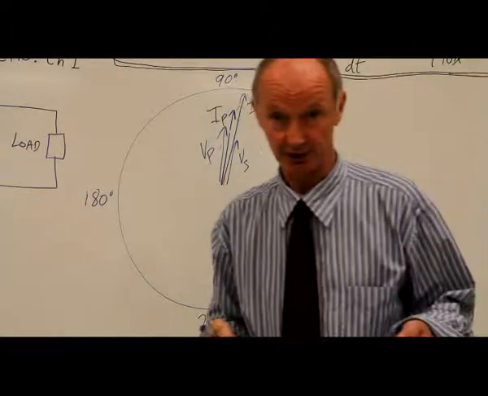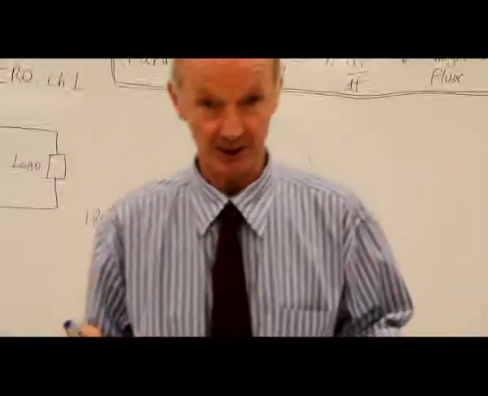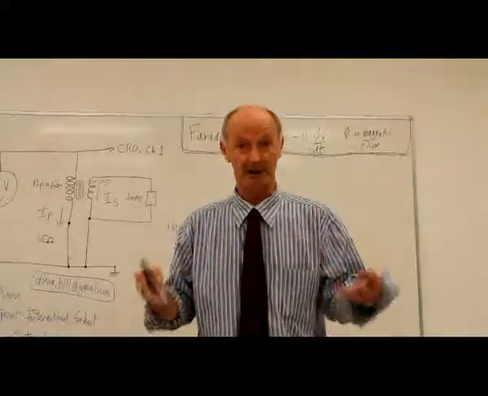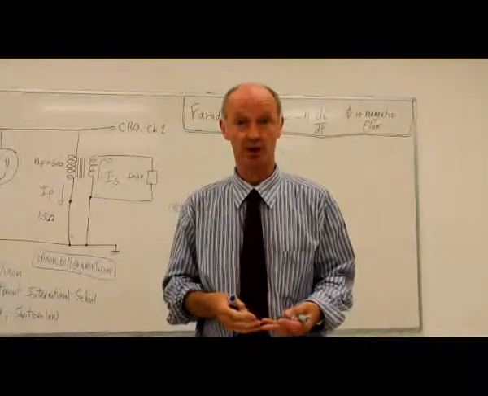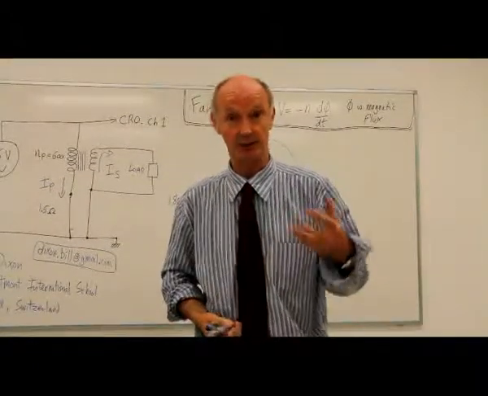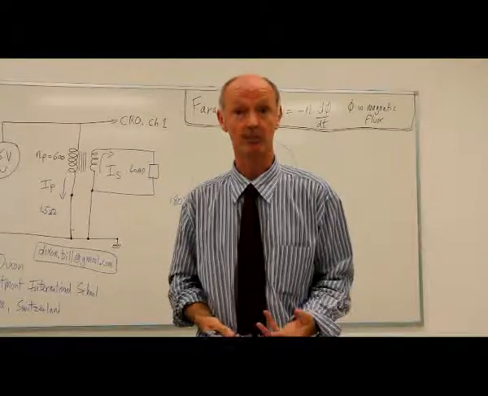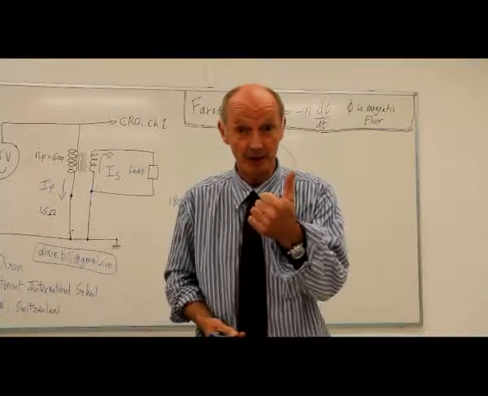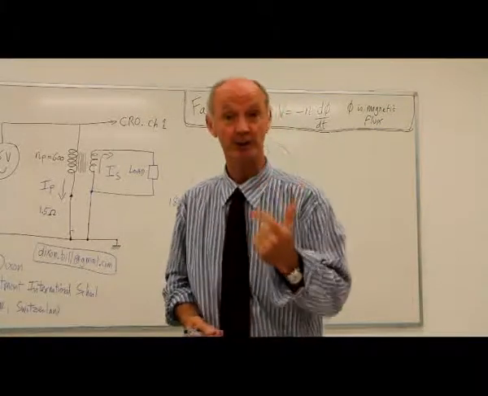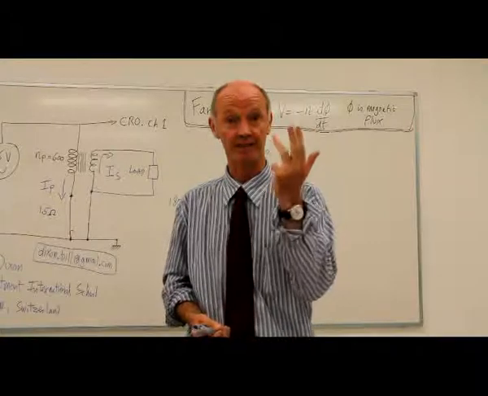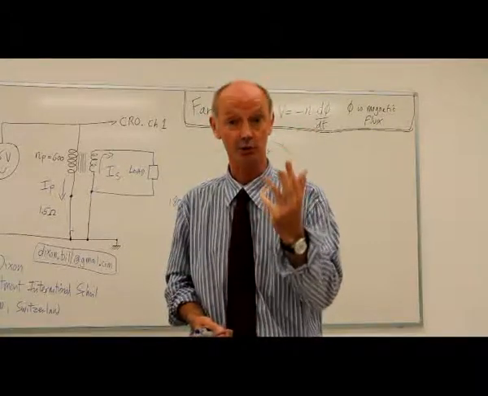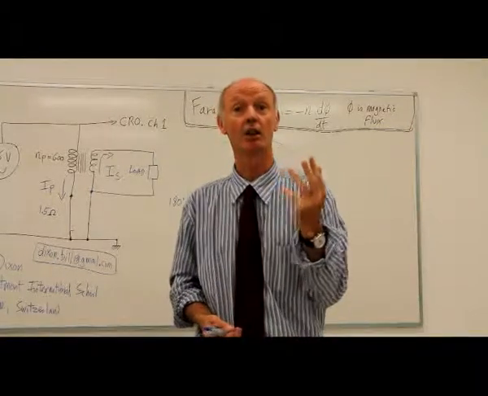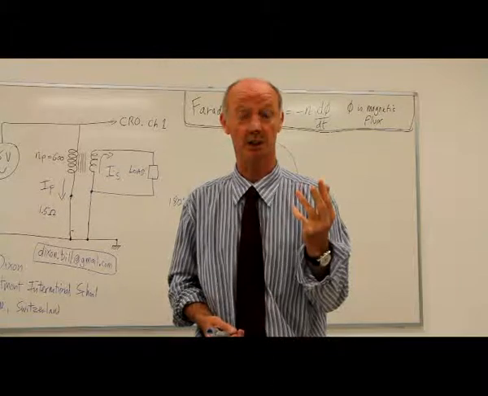The upshot of all this is that a proper understanding of Faraday's law and the induction of voltages caused by currents in transformers, the fact that the currents in the secondary and the primary tend to oppose one another because of Lenz's law, the upshot of all of this is that the primary voltage, the primary current, the secondary voltage and the secondary current in an actual transformer and in an ideal transformer properly analysed are all in phase with one another.